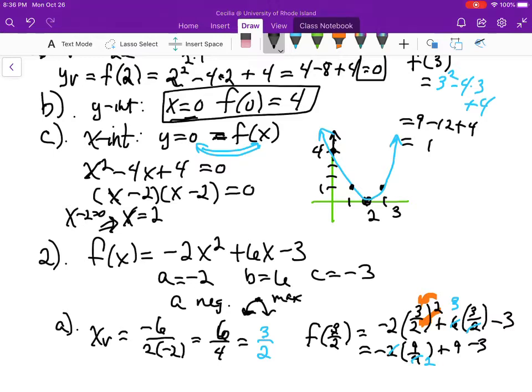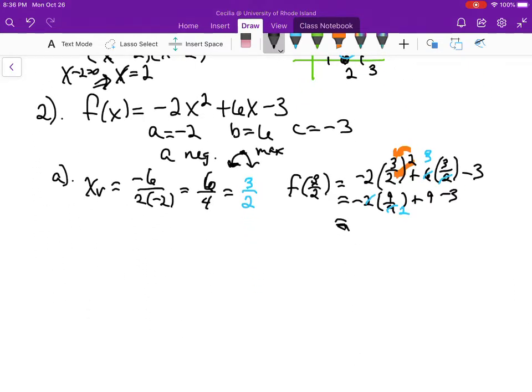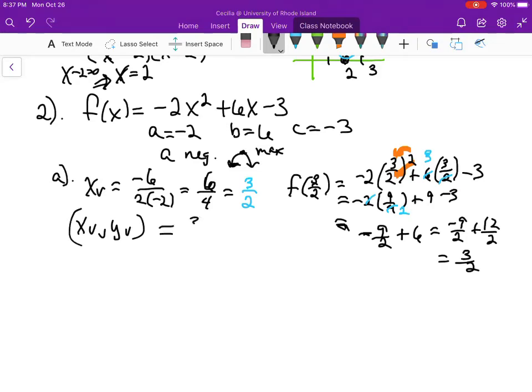So now we have equals negative 9/2 plus 6. Okay, which we can also write as negative 9/2 plus 12/2, leaving 3/2. All right, so xv, yv is equal to 3/2, 3/2.